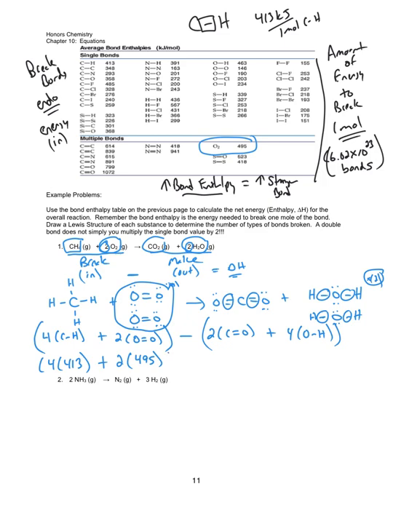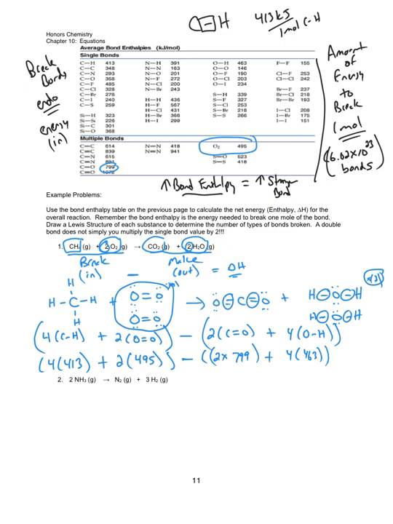We're going to add that up, and then subtract 2 times the carbon-oxygen double bond, which is 799, plus 4 times O-H, which is 463.